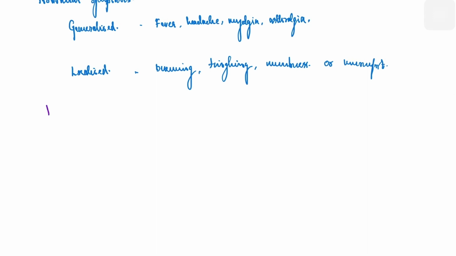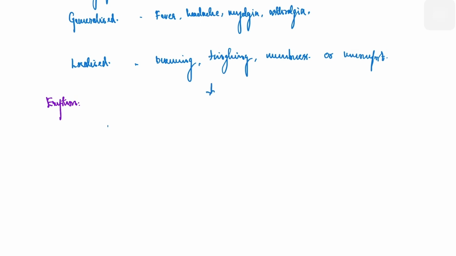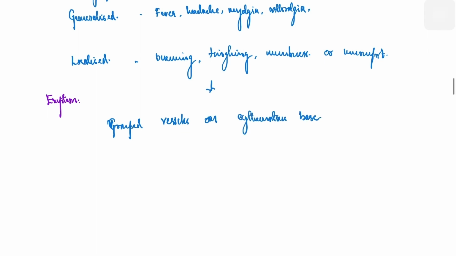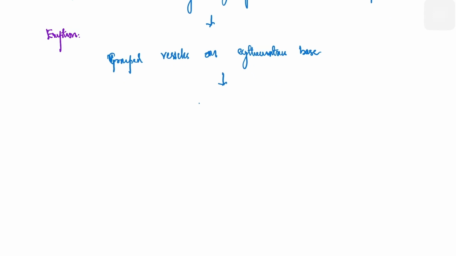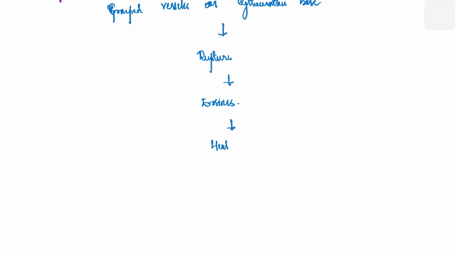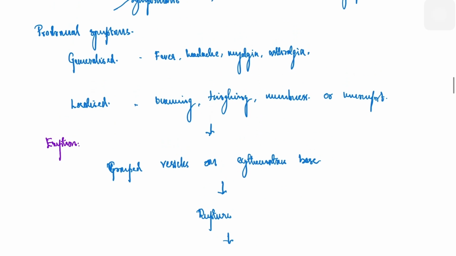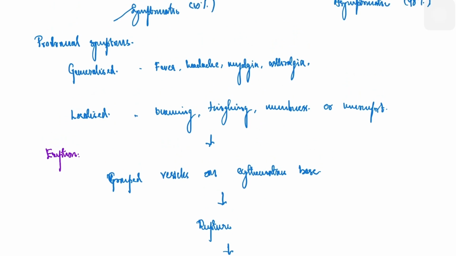Followed by that, there would be an eruption of grouped vesicles on an erythematous base. They rupture, form erosions, and heal. Sometimes there may be scarring. This is about the primary infection.